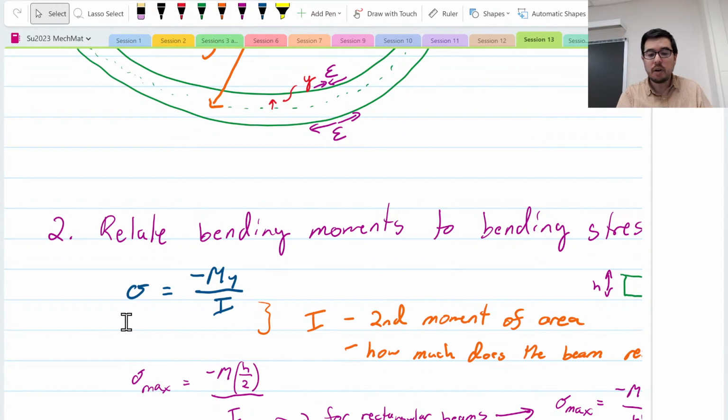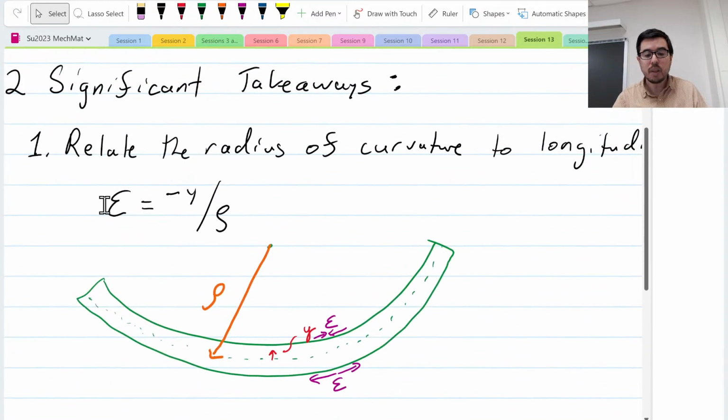In this other equation, y is still above, but if it's bending the opposite direction, then rho is negative, and I get the positive longitudinal stress. So if rho is above, it's positive; if rho is below, it's negative.